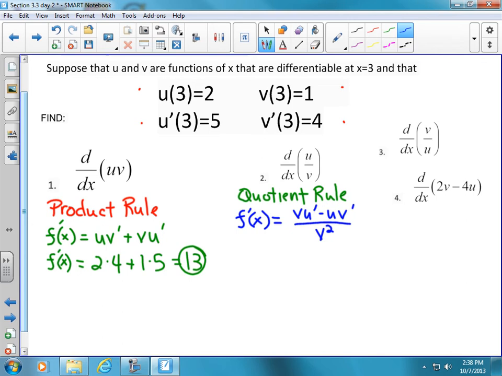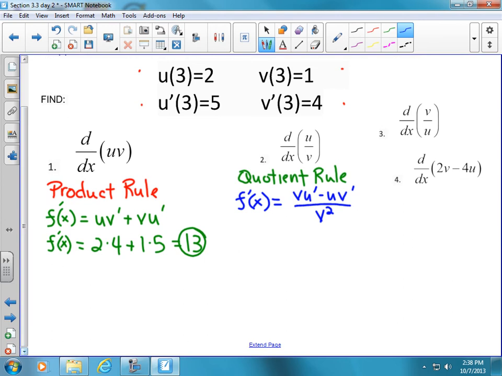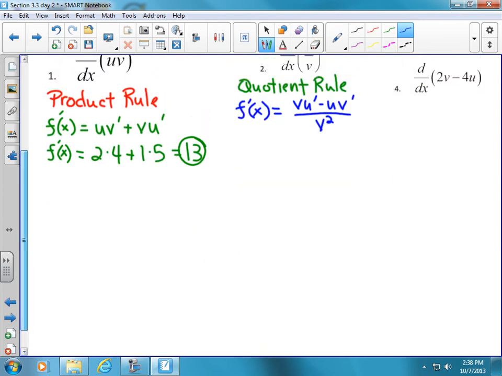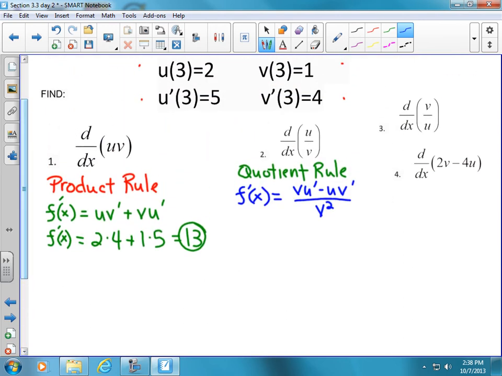So that will make a difference, especially when we do number 3. So let's plug in our numbers again, like we just did on the other one. V is 1 times 5 minus u is 2, v prime is 4, and v squared is 1 squared. So here we have 5 minus 8, which is negative 3 over 1. That is equal to negative 3.